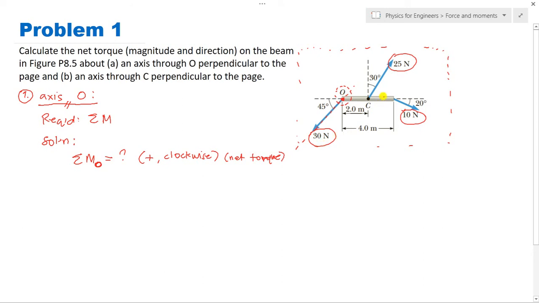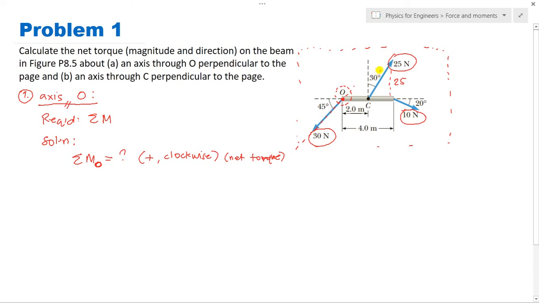What remains are the 25 newtons and the 10 newtons. Let's start with the 25 newtons. We resolve it into components. Is it cosine or sine?